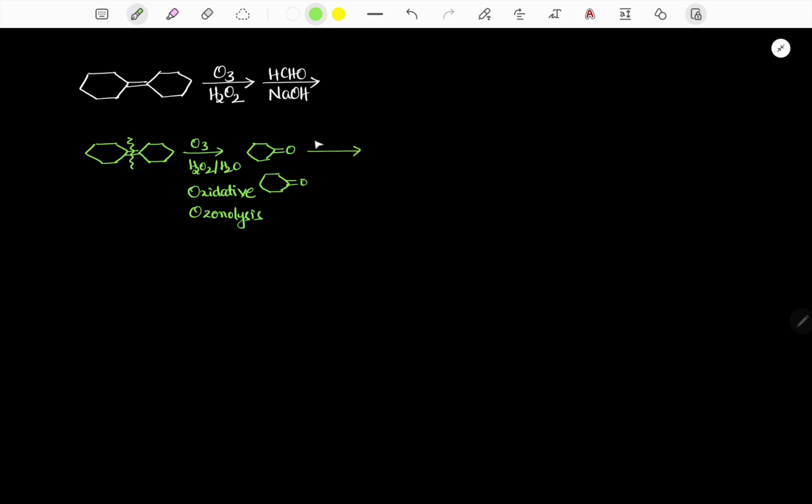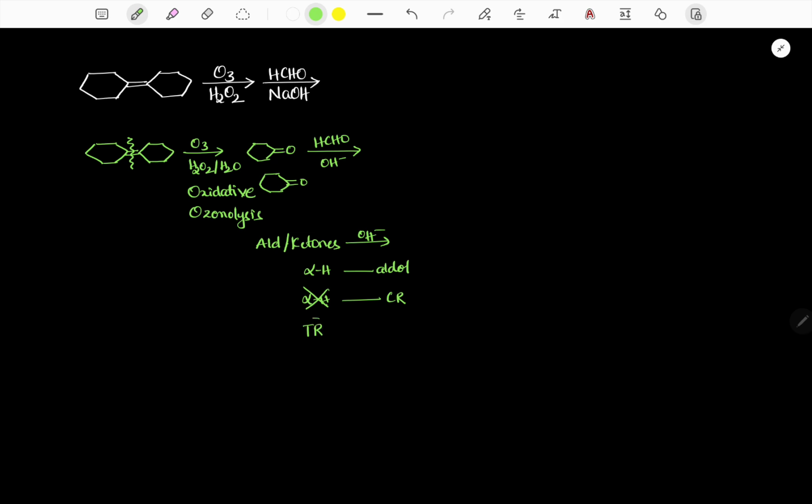Now the ketone is treated with formaldehyde in the presence of base. Whenever aldehydes or ketones are treated with OH-, if alpha hydrogen is present, aldol condensation occurs. If alpha hydrogen is not present, Cannizzaro reaction occurs.